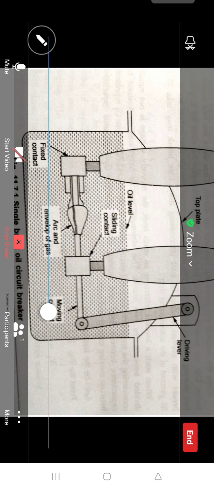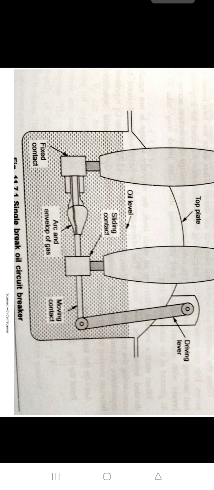When the contacts are separated, an arc is struck between the contacts with production of a large amount of heat. This will increase the temperature to about 5000 degrees centigrade, which will vaporize the oil into gases such as hydrogen with a small percentage of methane, ethylene and acetylene.